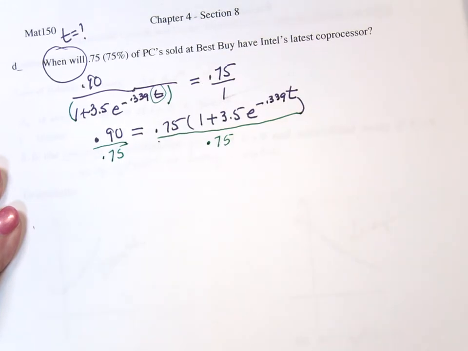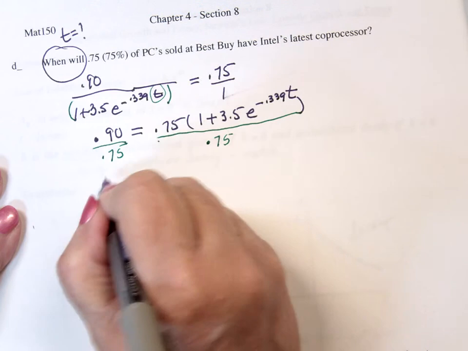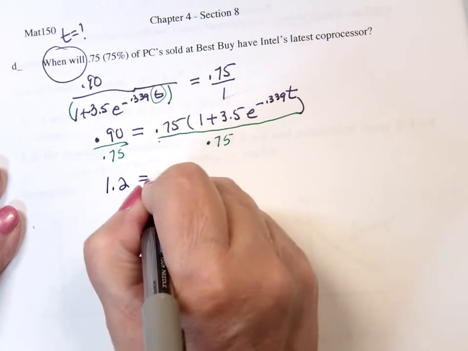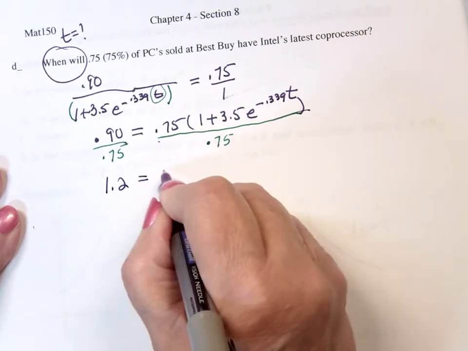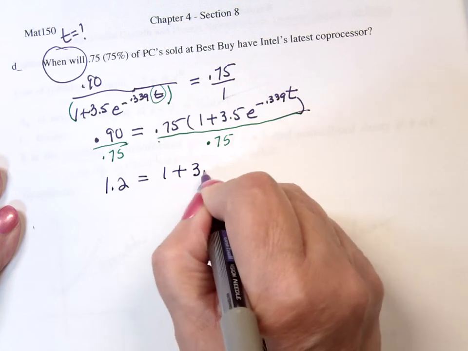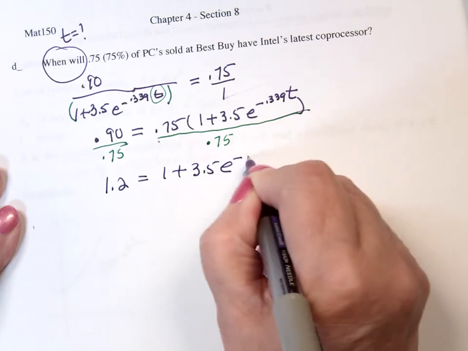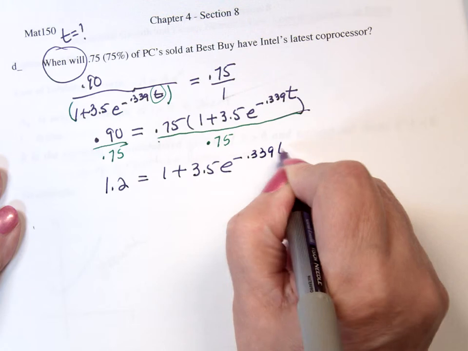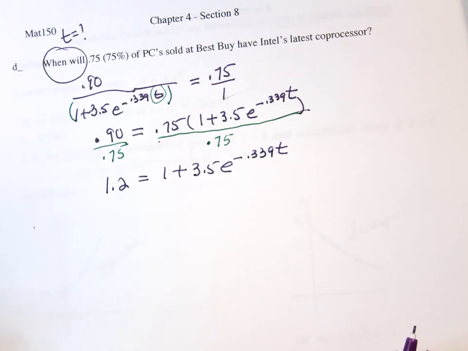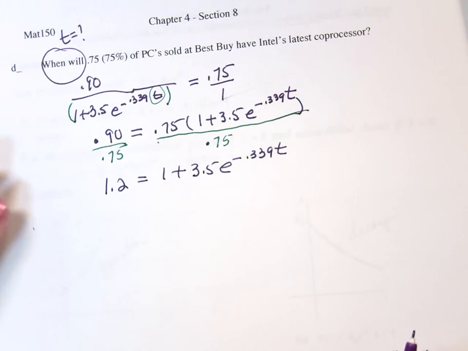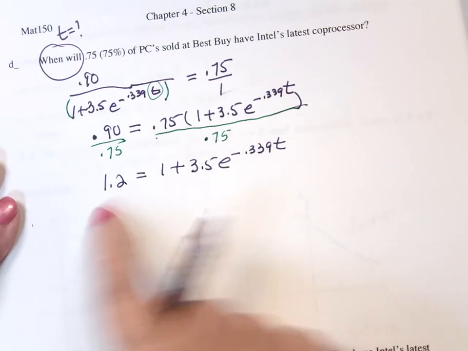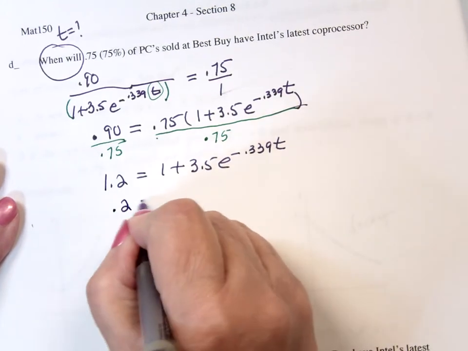So if I take 0.90 divided by 0.75, that's 1.2 equals that set of parentheses. Now it's the drill, right? Isolate E, so subtract 1 from both sides.